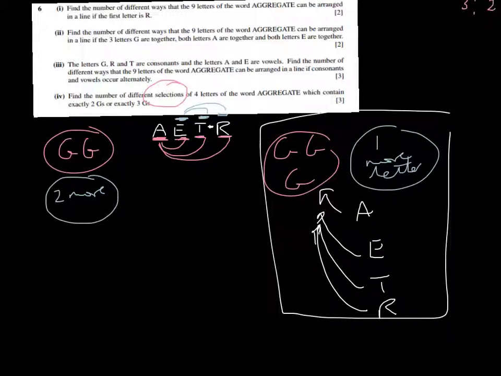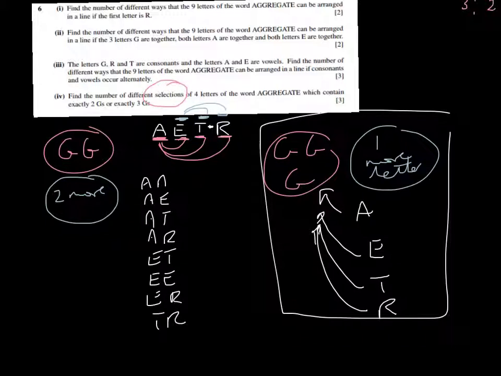So what you end up with is 1, 2, 3, 4, 5, 6, 7, 8 combinations of letters. If you want to, you could list them all out. So you've got AA, AE, AT, AR, ET, and EE, ER, and the last one's TR. So you've got 8 there.